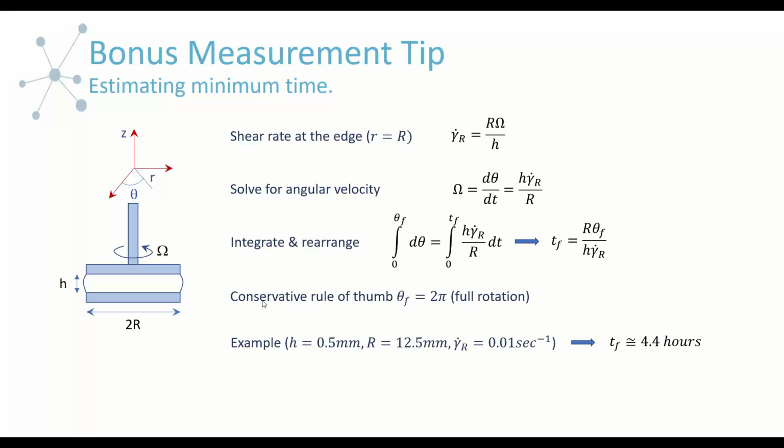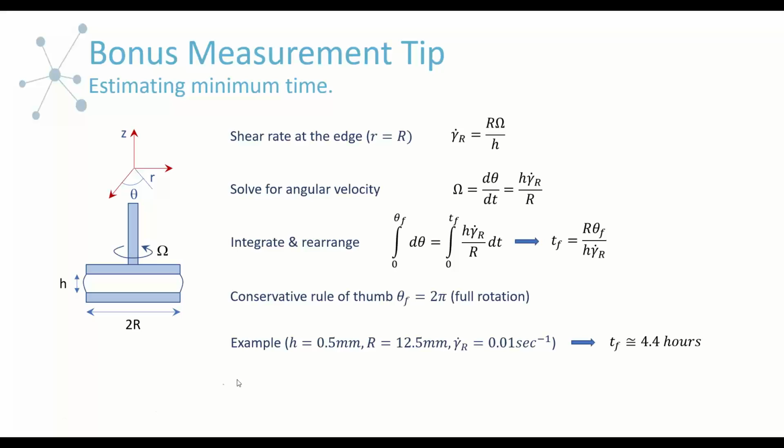Now, the very conservative rule of thumb is that you should do a full rotation for your experiment. That's not a problem at all when you're operating at high shear rates. It happens very quickly, so it's not prohibitive in any way. But when you start going down to very low rates, the time goes up quite a bit.